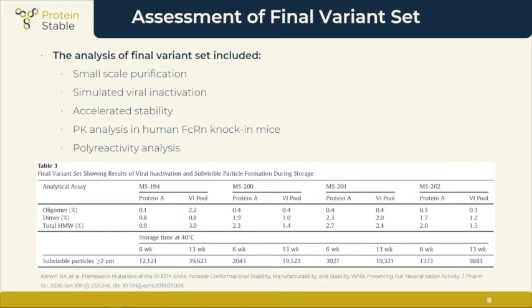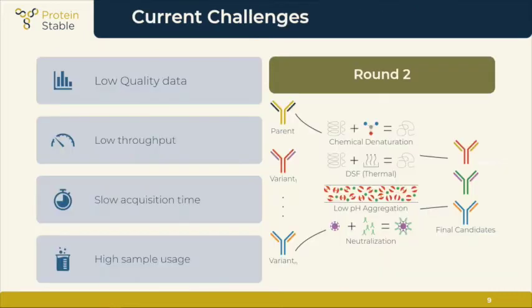Now, there are certain things that might limit the use of chemical denaturation within this application, and we've identified those limitations or challenges as low quality of data, low throughput, slow acquisition time, particularly if you're using a conventional microplate reader.